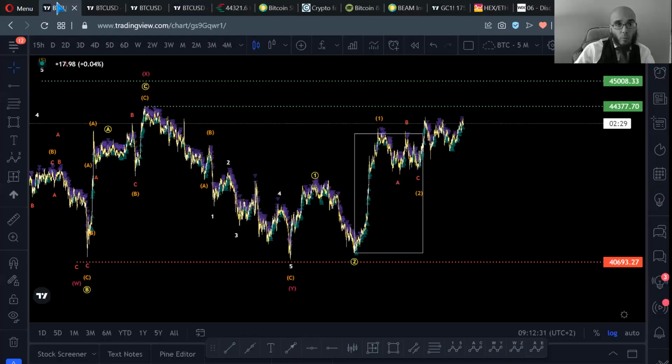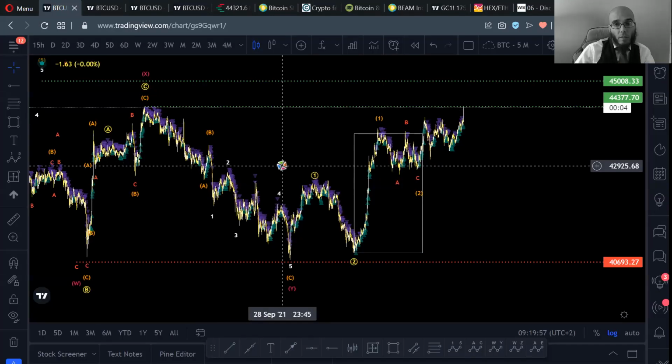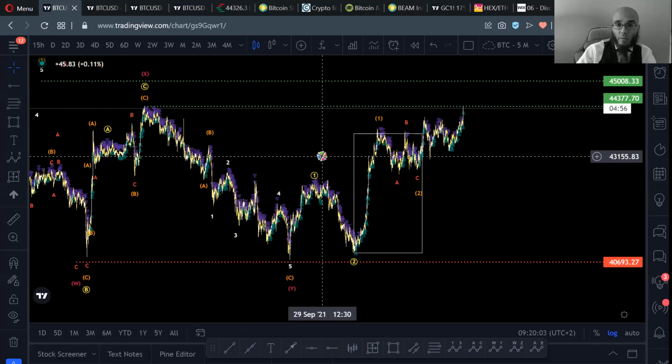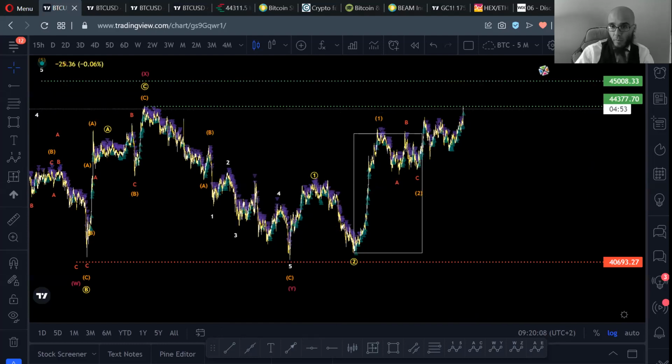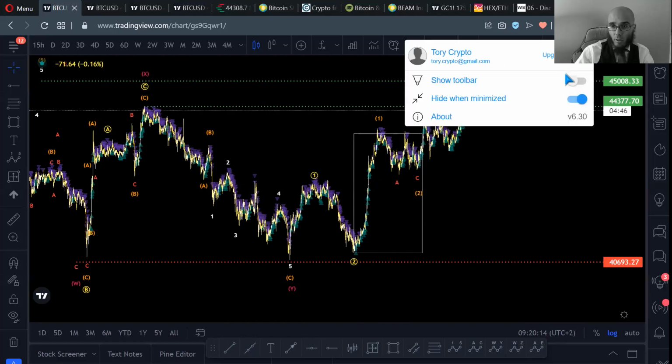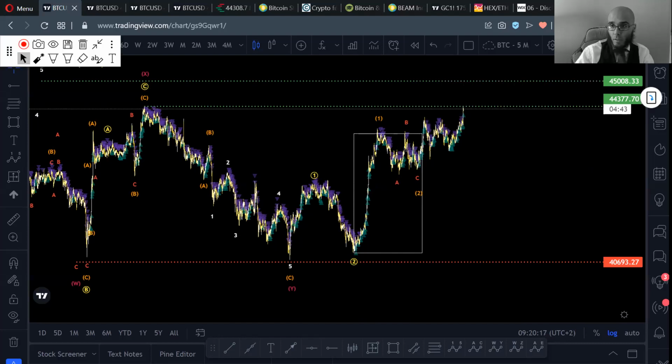And here we have the 5-minute chart. And as we are speaking, we are trying to get through an important level, which will make sure that the triangle I talked about in wave, the bearish scenario, will be neglected.